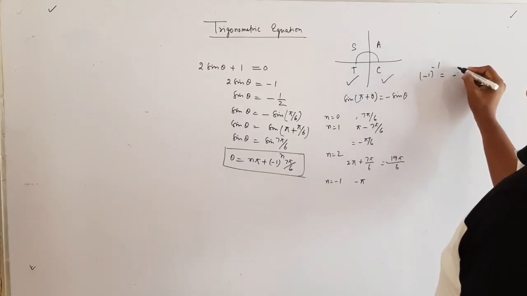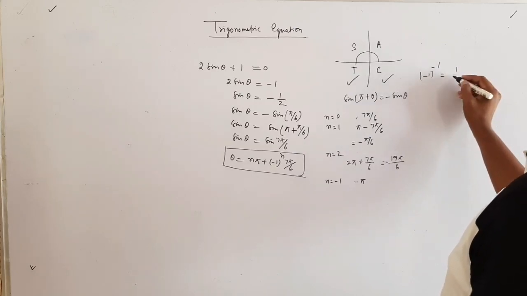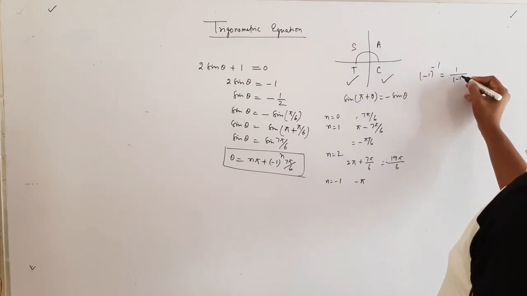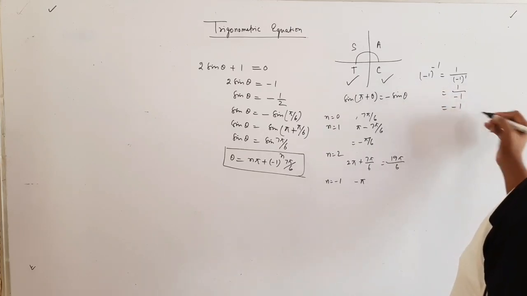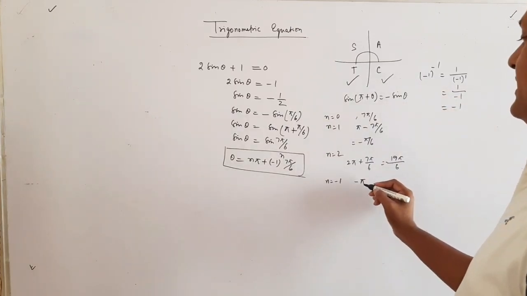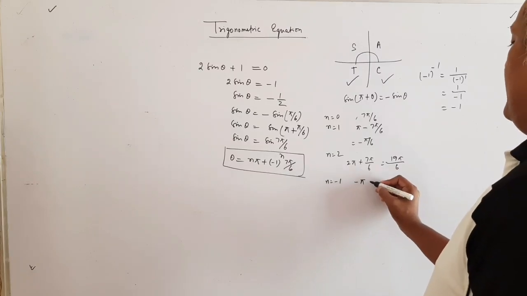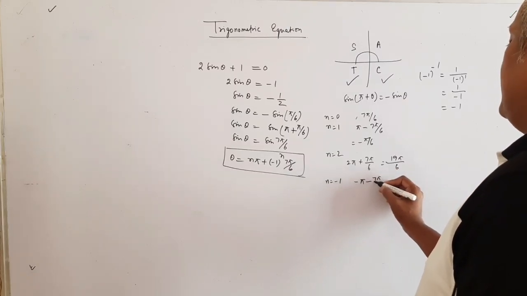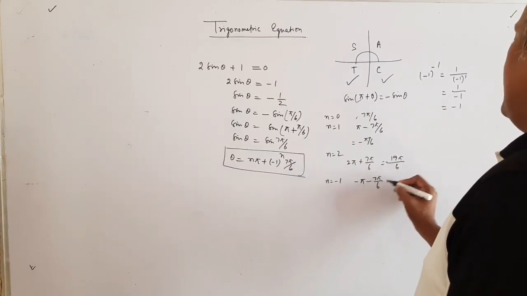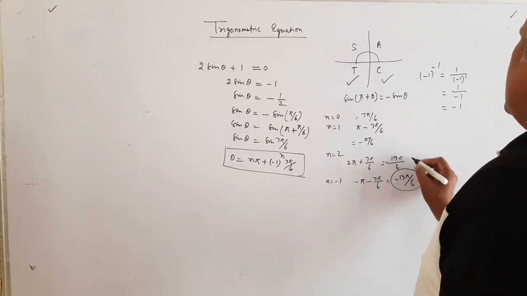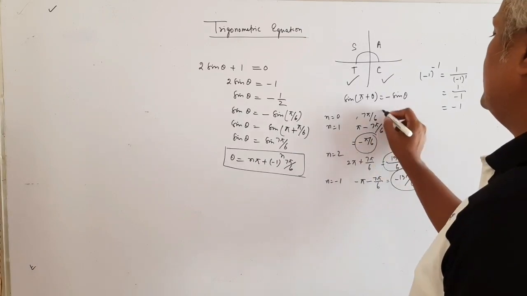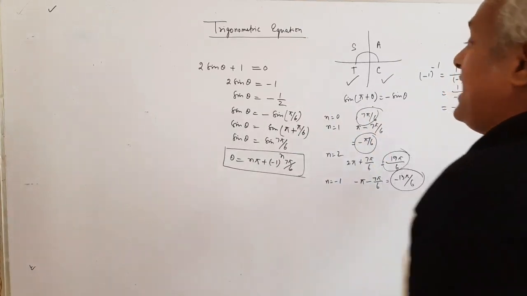That is 1 over minus 1 to the power 1, that is 1 over minus 1, which is minus 1. So this is minus pi minus 7 pi by 6, and you get minus 13 pi by 6. So all these are solutions, and since it's a periodic function, you will get infinite solutions.